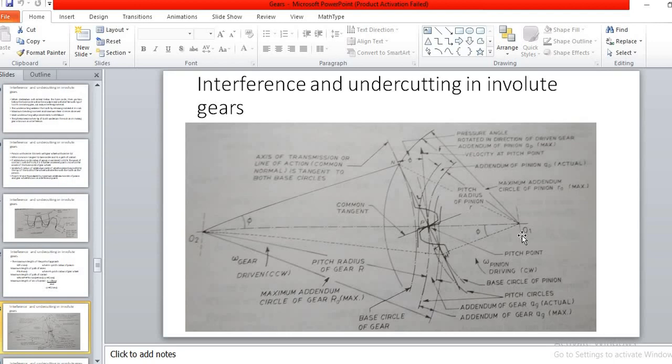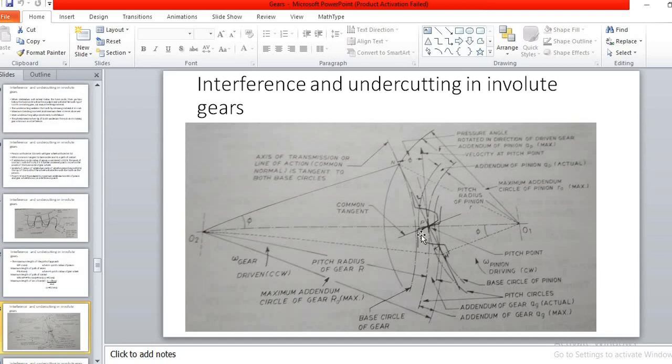Similarly, in this case that gear is considered as a pinion with center O1. This will be the base circle for this pinion. This will be the maximum addendum of this gear having center O1, and the actual addendum is this one.